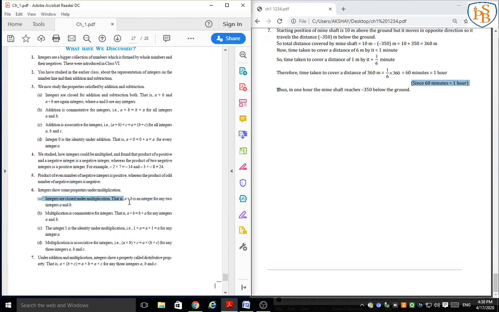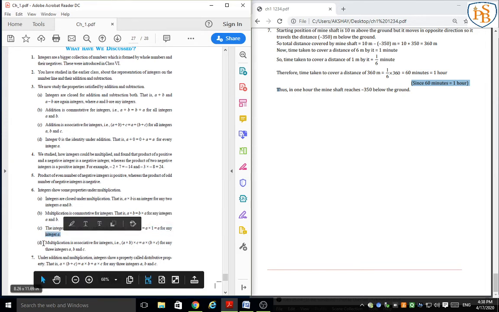Integers are closed under multiplication, that is a into b is an integer for any two integers a and b. Multiplication is commutative for integers, that is a into b is equal to b into a for any integers a and b. The integer 1 is the identity under multiplication, that is 1 into a is equal to a into 1 is equal to a for any integer a.